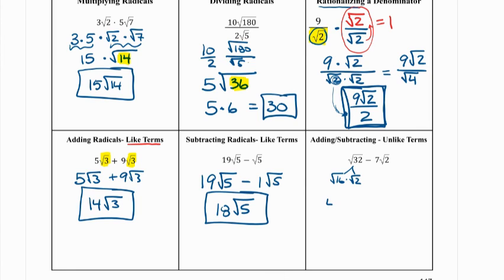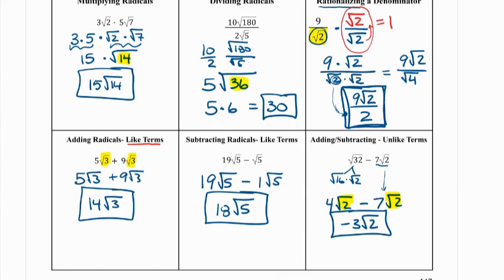The square root of 16 is 4. So we have 4 times the square root of 2 minus this original 7 square root of 2. And now we do have like terms, a radical 2 and a radical 2. So 4 root 2 minus 7 root 2 would be negative 3 radical 2, and that would be our answer.